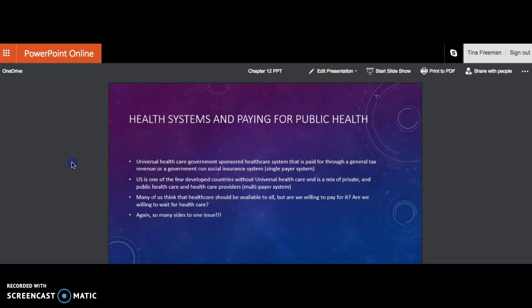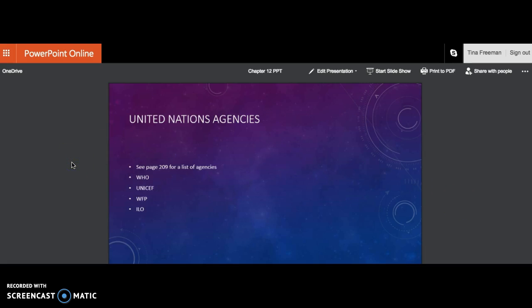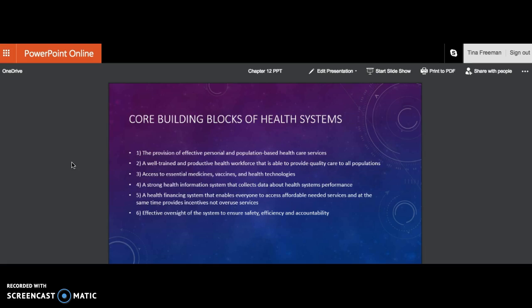Oh, I wanted to go back to, getting ahead of myself there. So, I wanted to go back to number 5 on here. So, a health financing system that enables everyone to access affordable needed services and at the same time provides incentives not to overuse services. I would love to hear from you guys. Do you think this is in place currently? I don't think it is.